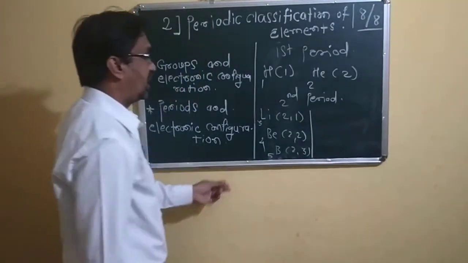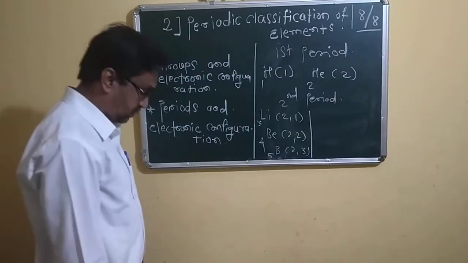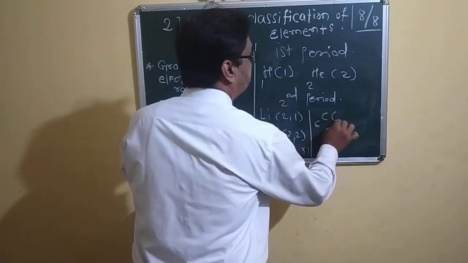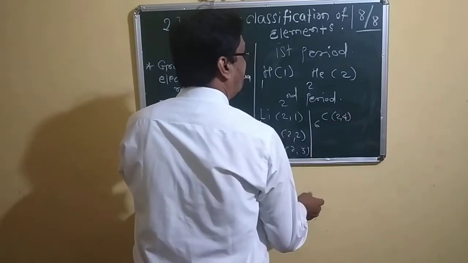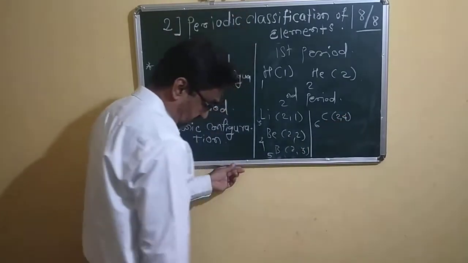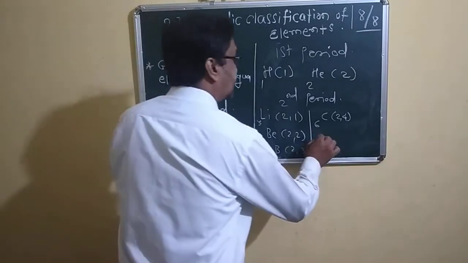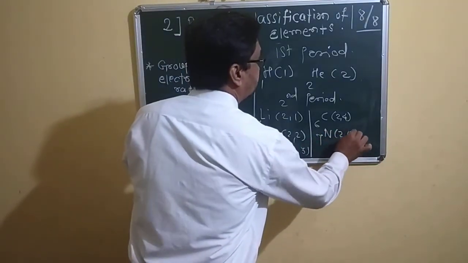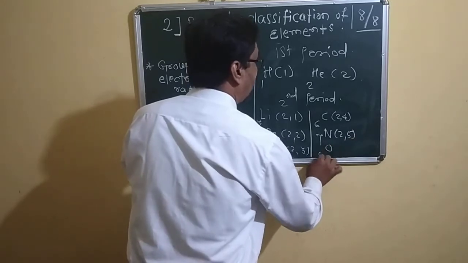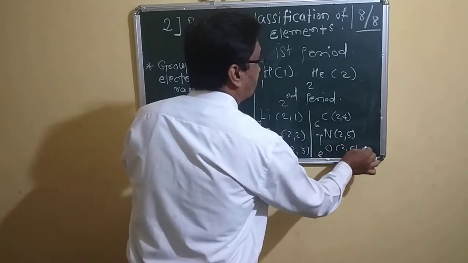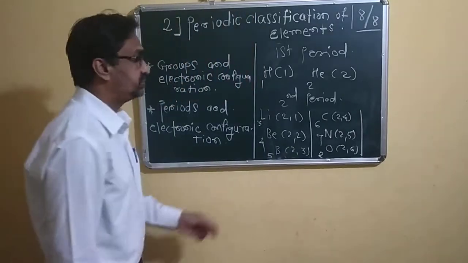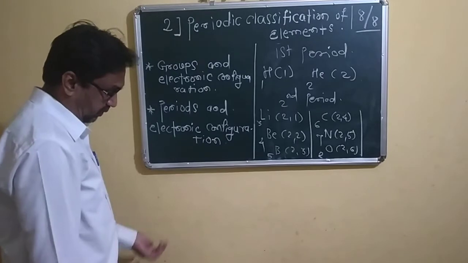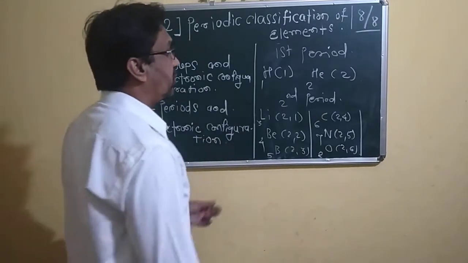Okay. After boron, atomic number is 6, that is carbon. Its electronic configuration is 2,4. After carbon, nitrogen is there, atomic number is 7, 2,5. After that, oxygen is there, atomic number 8, 2,6. After that, we have to find out fluorine and neon.